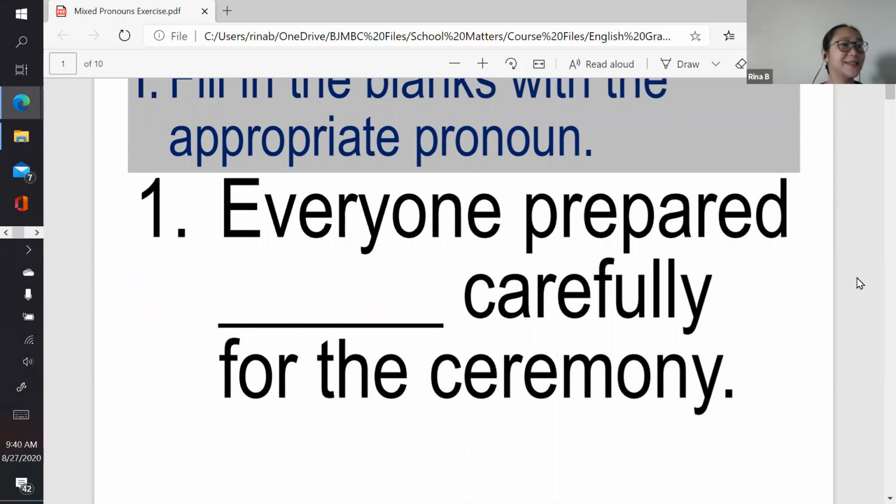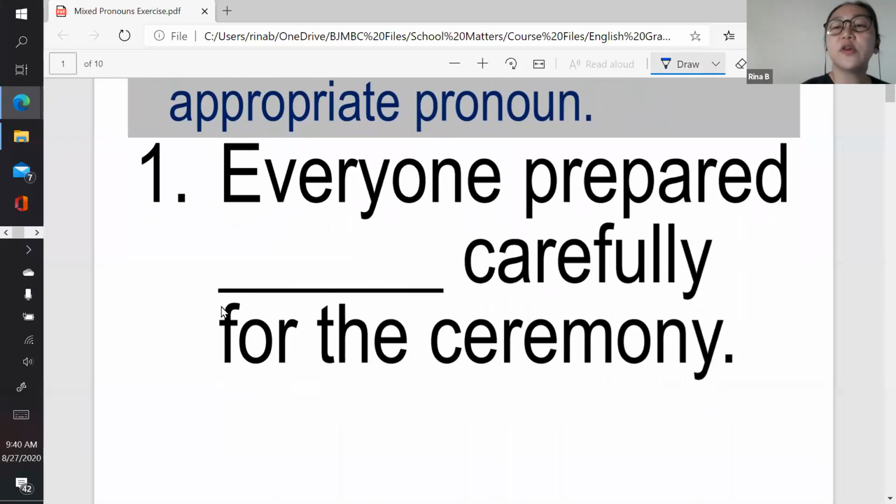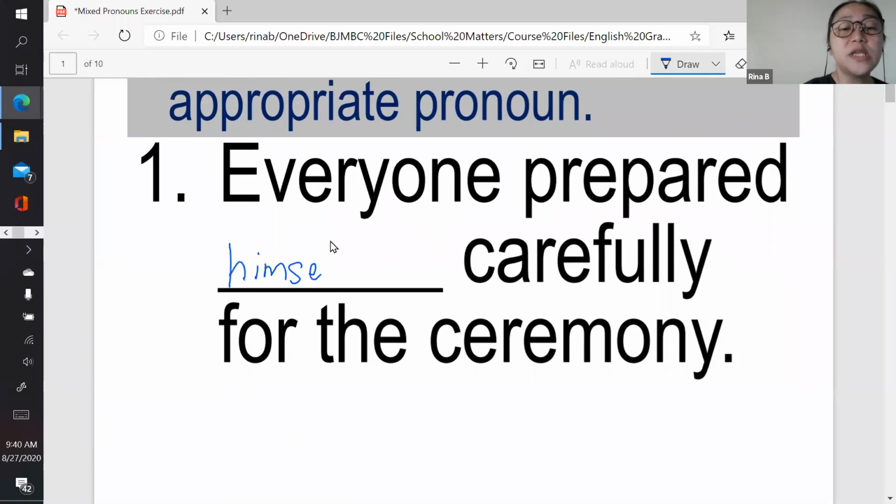Yes. Okay, everyone prepared himself. See, even I myself, my immediate answer was themselves. And then I remembered. Okay, so himself is the only possible answer for this sentence, the only possible pronoun.